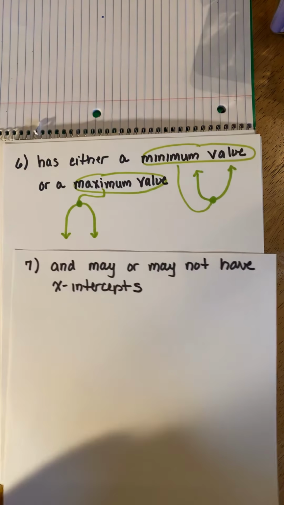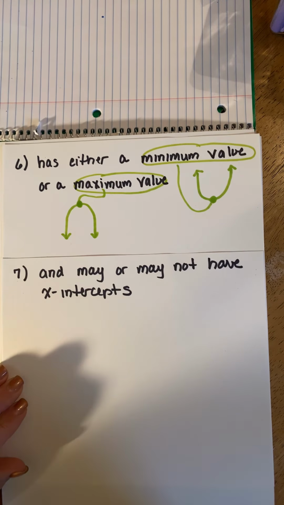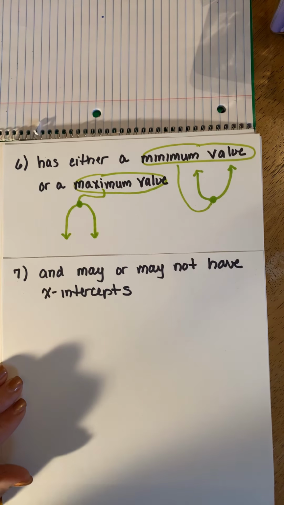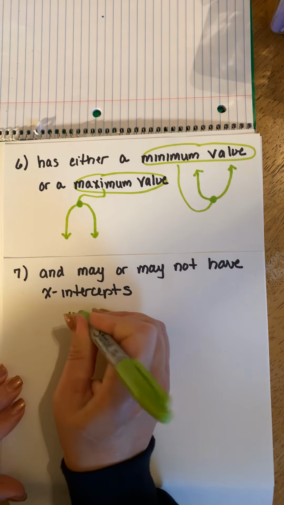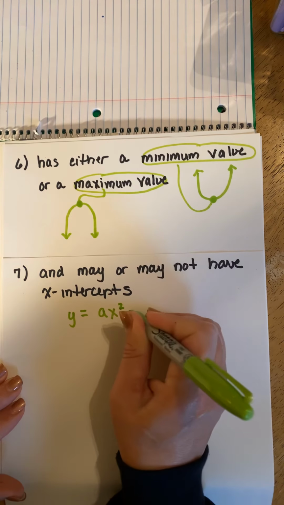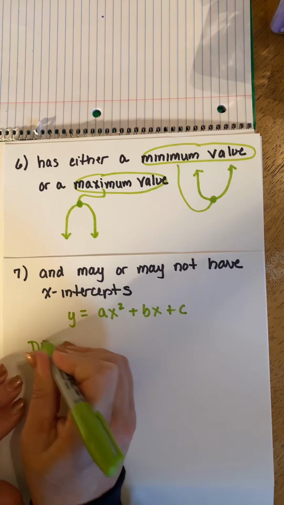And then lastly, your quadratic function may or may not have x-intercepts, depending on the value of the discriminant. So if we have the quadratic function in standard form, ax squared plus bx plus c, it all depends on the discriminant.